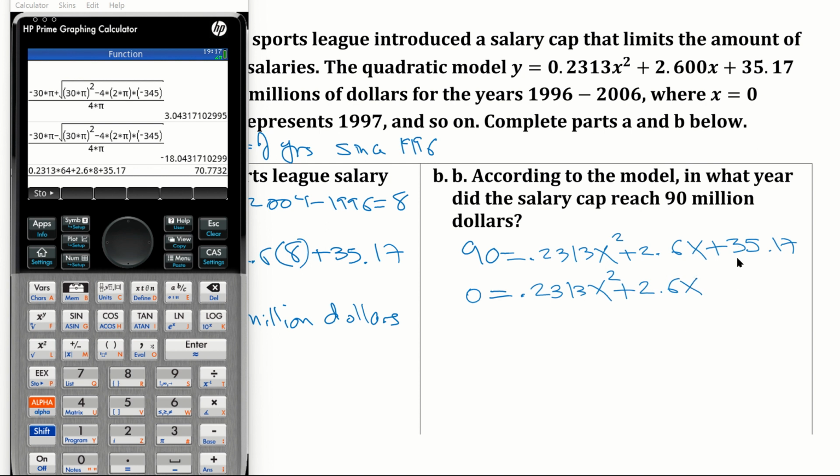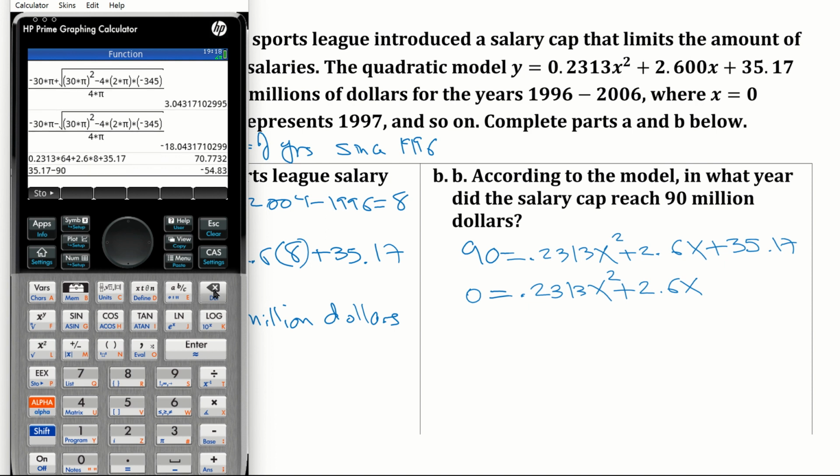Now we're going to have plus 35.17 minus 90. So let me take care of that. 35.17 minus 90 gives me negative 54.83.